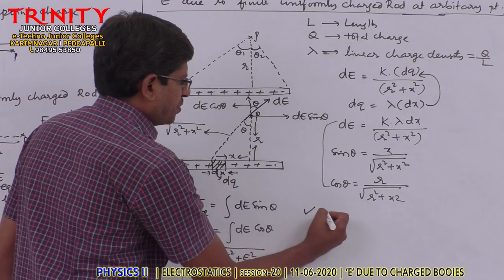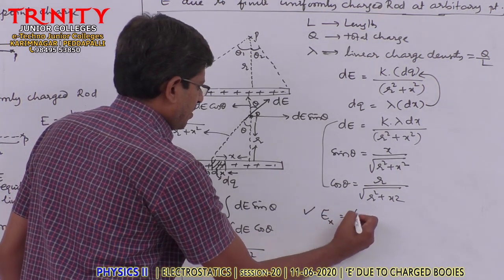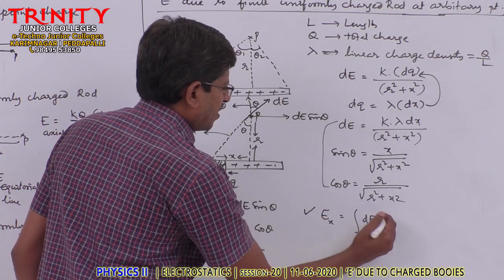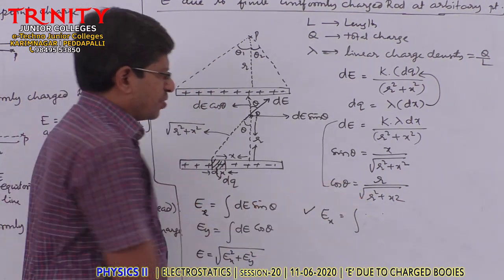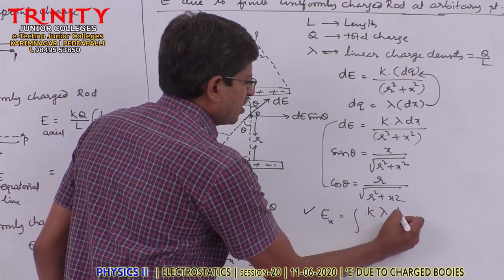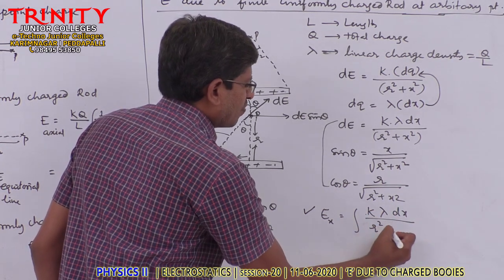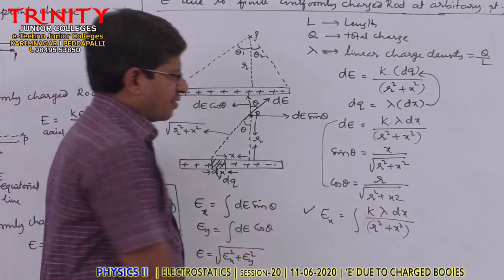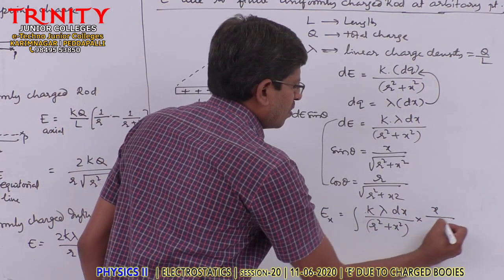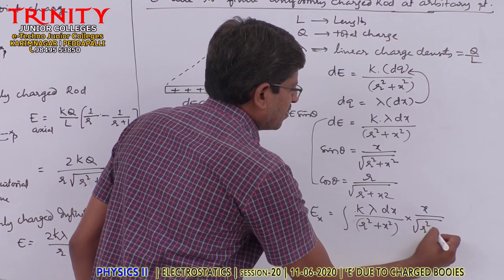Therefore let us first find Ex, that is nothing but the integral of dE sin theta. Let me write directly, because you have seen dE, let me substitute the value there: k lambda dx by r square plus x square, and sin theta is x by square root of r square plus x square.